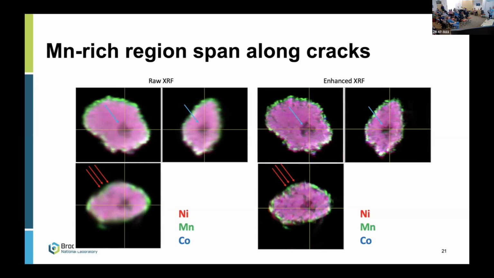And some of them reach the central void inside this secondary particle. And this new knowledge cannot be seen in the initial fluorescence image. And we are very happy to see this improved spatial resolution actually brings new knowledge to help us understand the sample system.